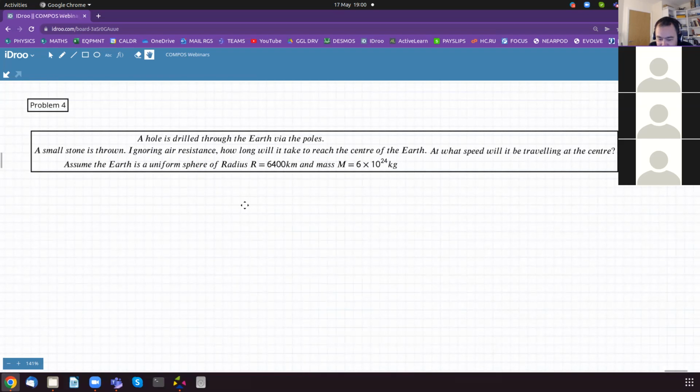But then what happens to the stone at the center of the Earth? Ah, Thomas, yes, you're getting onto something. Of course, we do consider the mass above the stone. So what would happen to the acceleration then?